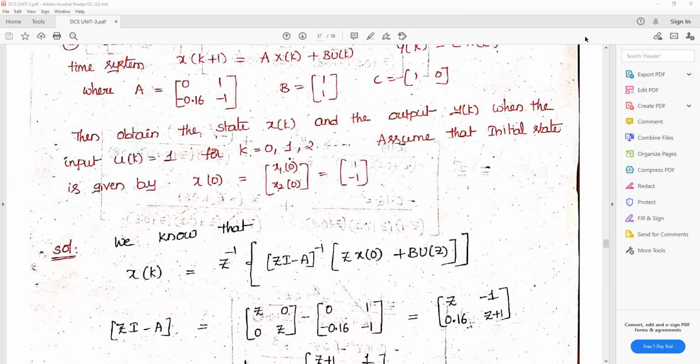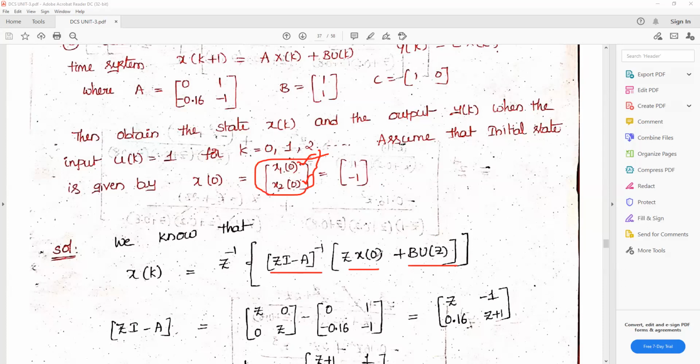But for the given output y of k when the input u of k equals 1, with the given initial conditions x1 of 0 and x2 of 0, the formula is z inverse of (zI minus A) whole inverse into z into x of 0 plus B into u of z.